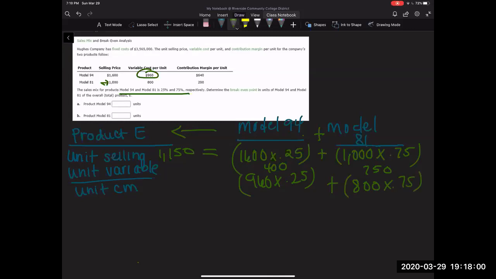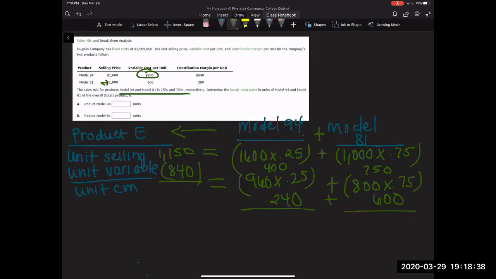If I did the calculation, 800 times 75% comes out to $600, and $960 times the 25% sales mix is $240. Once I add both of these numbers up, my unit variable cost for product E comes out to $840.